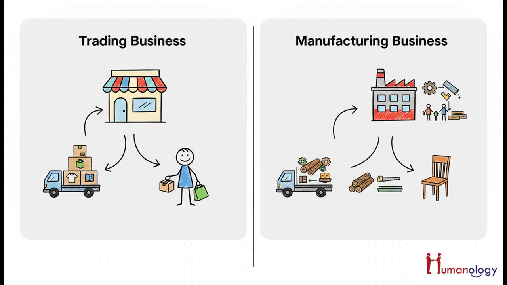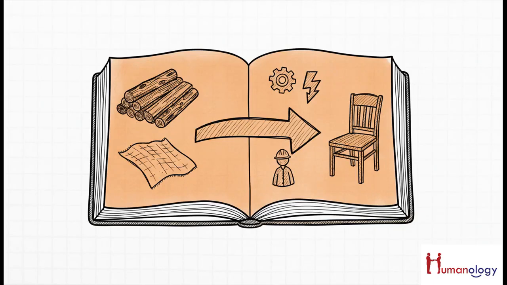It buys raw materials like wood or steel or flour and transforms them into something completely new. And that process, that act of transformation, is exactly where all the complexity is. There are so many costs involved beyond just buying the raw material. So you need a specific tool just to track every single penny that goes into making that final product. And that tool, my friends, is the manufacturing account.